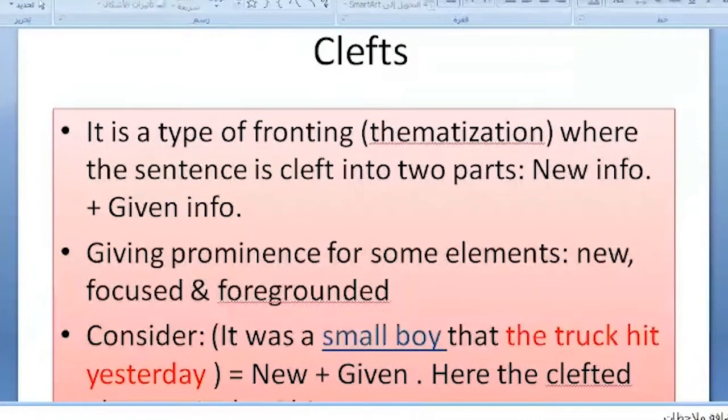And we are going to render it into Arabic to see what is there in Arabic as a counterpart for this type of English sentence. So, it was a small boy that the truck hit yesterday. First, you start with it plus a verb of to be. Then you select your grammatical subject, which is here a small boy.